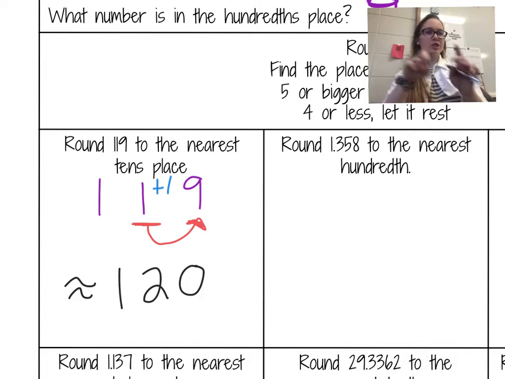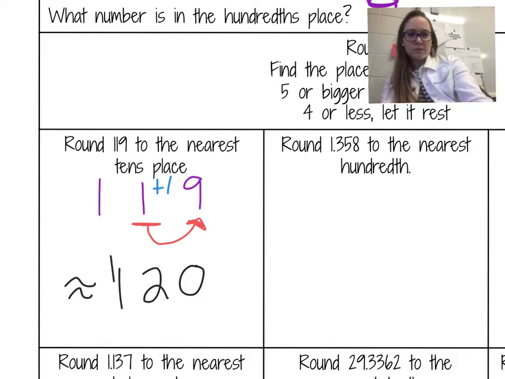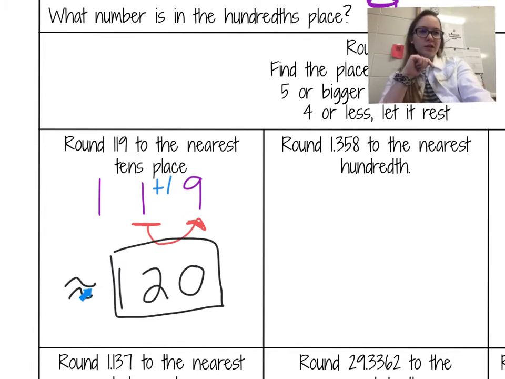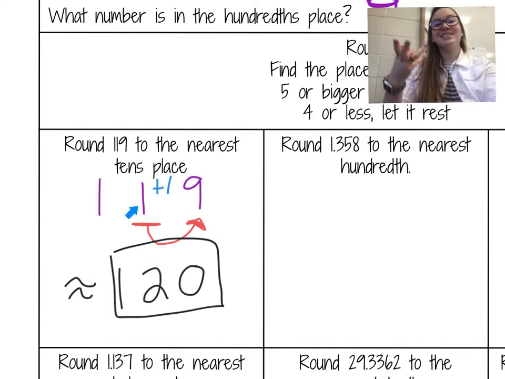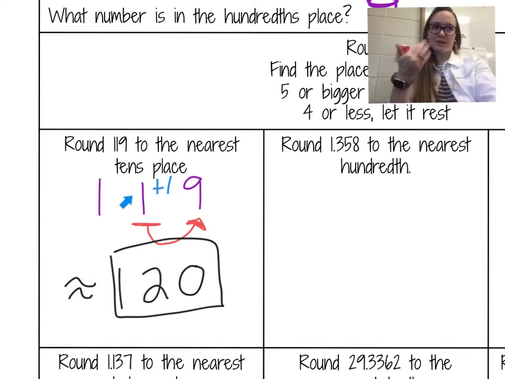So just that number changes, and then everything after it becomes a 0. And I use this squiggle equals because that means approximately equal. So 120 is not exactly equal to 119. It's kind of close to 119. So we use the squiggle.